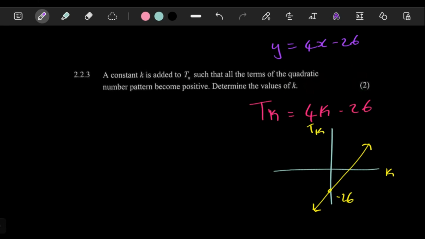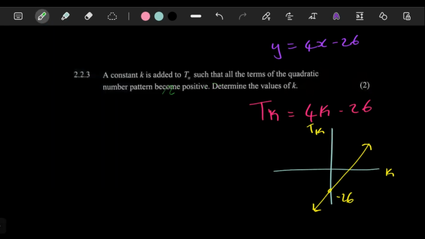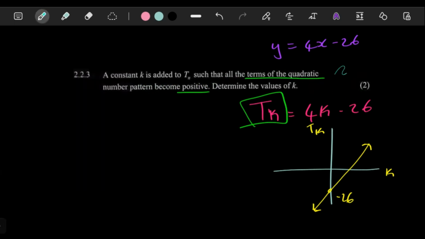So if k is affecting the gradient, then here we have to just think logically, because if they're saying that all the terms become positive, they're talking about this becoming positive. So we're talking about y values becoming positive, and k is the one that affects that.